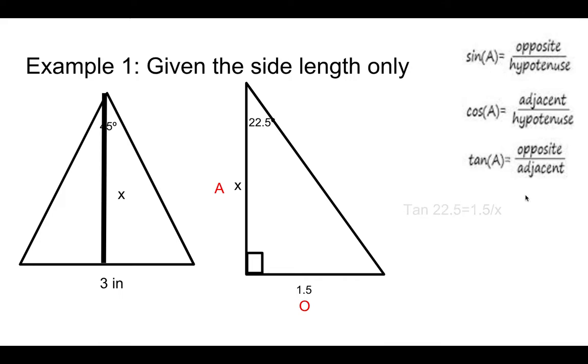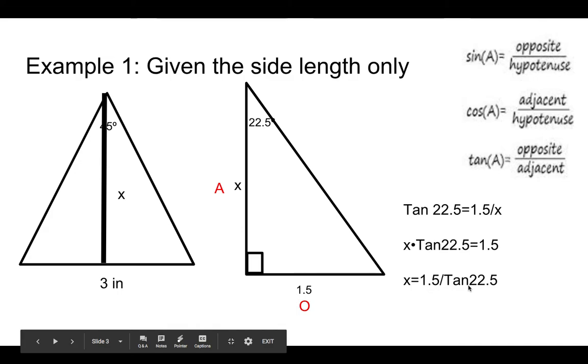We're going to say tangent 22.5 equals 1.5 divided by x. We multiply x on both sides, so we're left with x times tangent 22.5 equals 1.5. Now we're solving for x, so we divide by tangent 22.5 on both sides. We're left with 1.5 divided by tangent 22.5, and that gets you x equals 3.62. That is the apothem, or the height of that triangle, that we found. If you did not get 3.62, make sure your calculator is in degree mode.